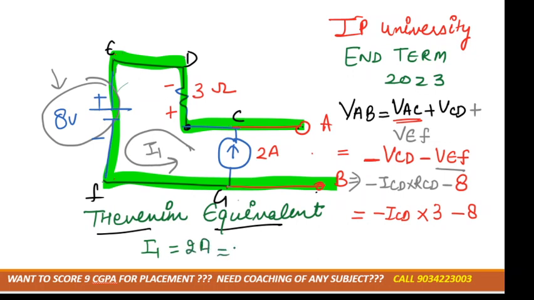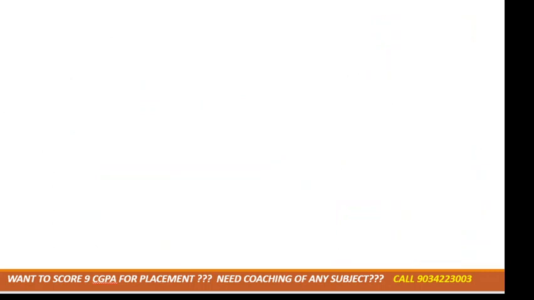And I1 we can also write down as ICD because in the C to D branch, I1 is the current flowing. So I1 is how much? 2 ampere. ICD is how much? 2 ampere. So we can write down minus 2 multiplied by 3 minus 8. That is minus 6 minus 8, equal to minus 14 volt. And voltage can't be negative, so you can directly write down that VTH is equal to 14 volt.